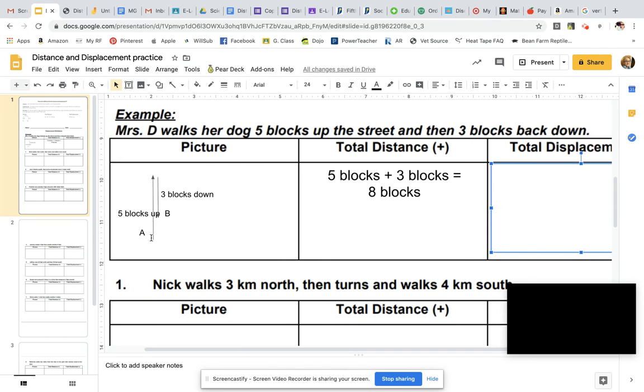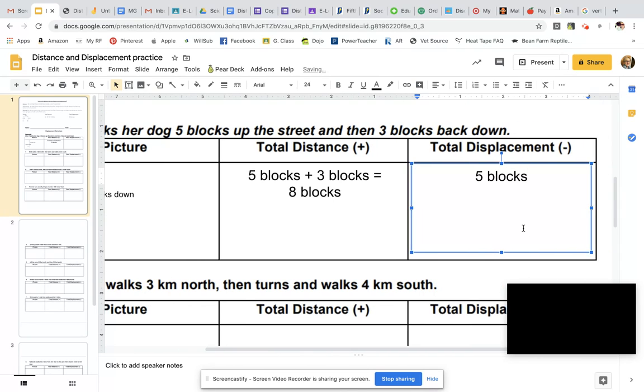And then for displacement, you're going to find how far actually from point A to point B. Total, this is just a difference. This should look like a number line to you guys. So it's 5 blocks minus 3 blocks. What's this space right here? 2 blocks. So 5 blocks minus 3 blocks equals, next line, 2 blocks.